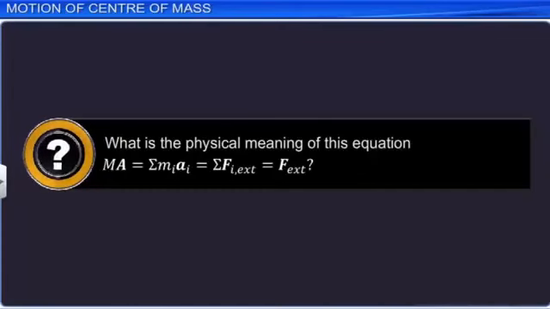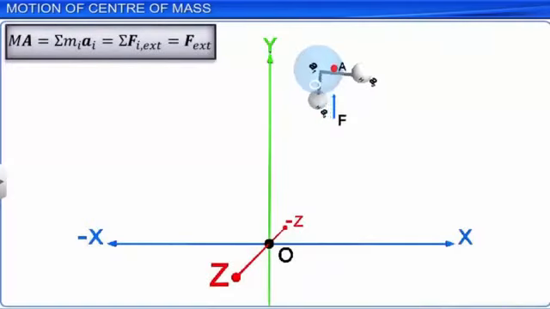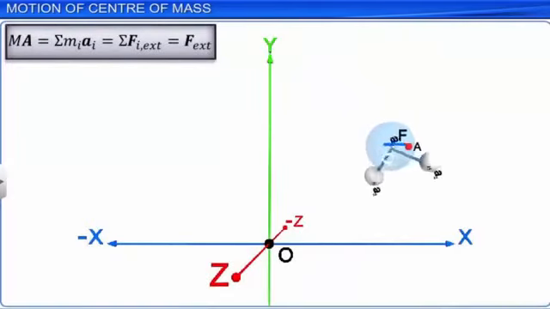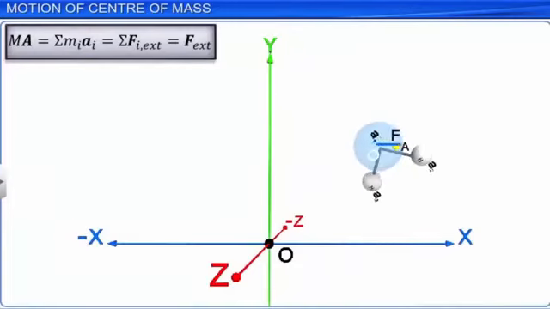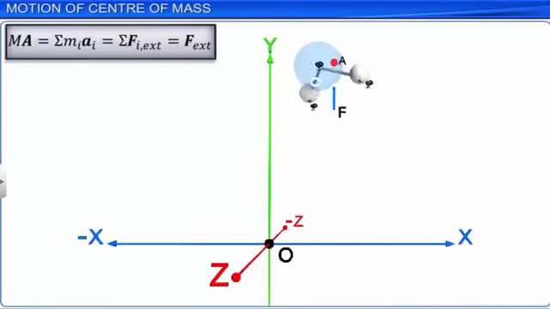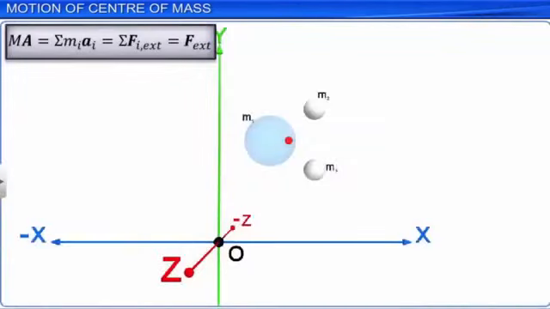What is the physical meaning of this equation? Ma is equal to sigma miai is equal to sigma Fi external and is also equal to F external. 1. The motion of the center of mass of a system of particles is independent of the internal forces. 2.